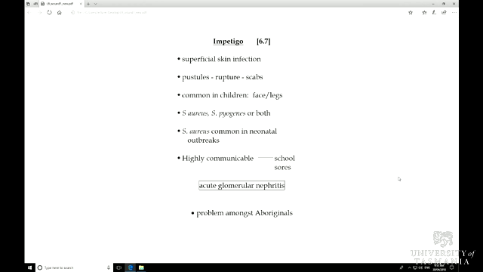So there's a whole range of reasons why there's renal failure in Aboriginals. One will be from nephritis. Other reasons will be alcohol abuse.